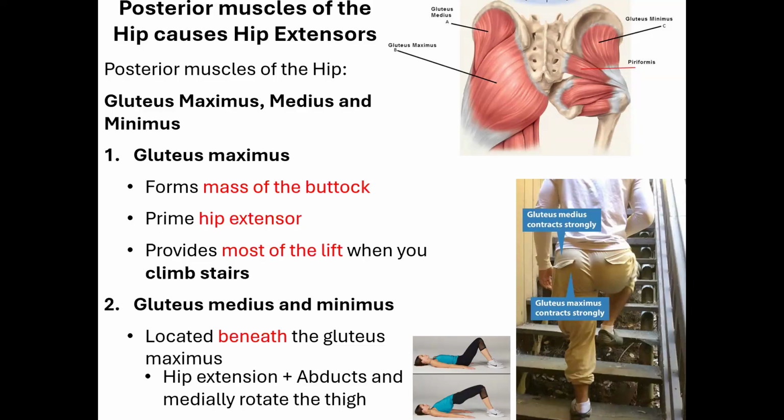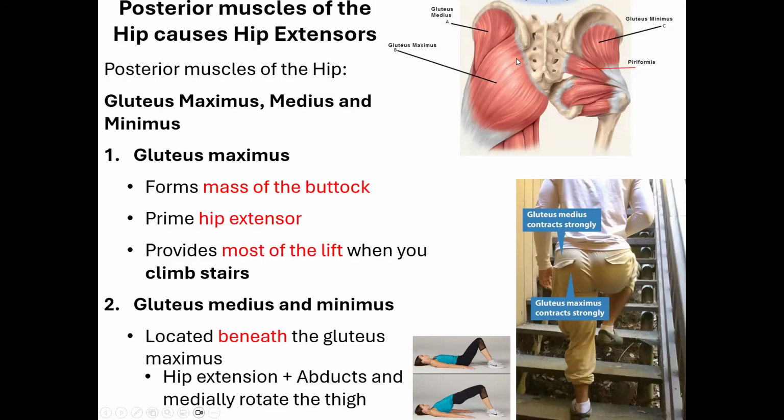Okay, so the muscles on your bum, on your buttock, they are the gluteal muscles. And you have three gluteus muscles. Gluteus maximus. What does maximus mean? The big one, the biggest one. Medius means smaller than that. And minimus. So gluteus maximus, medius, and minimus.